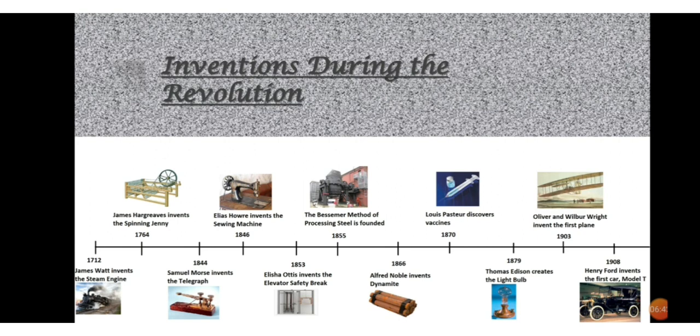Alfred Nobel invented dynamite in the year 1866. Louis Pasteur discovered the vaccine in 1870. Thomas Edison created the light bulb in the year 1879. The Wright brothers invented the first plane in the year 1903. And Henry Ford invented the first car in the year 1908.